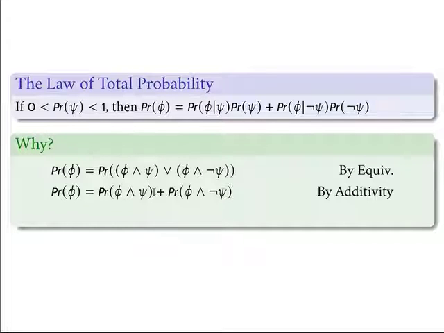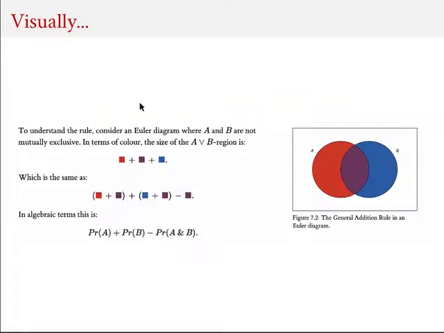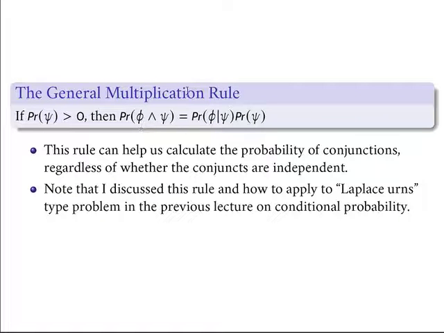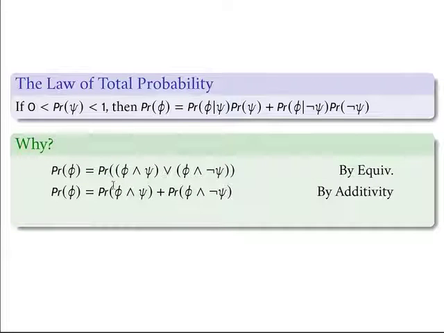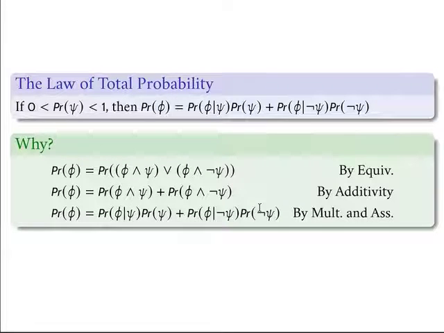So once we reach the second step here, we then apply the general multiplication rule to both of the probabilities of the conjunctions of interest, because we're not assuming here that phi and psi are independent. So we have to apply the general multiplication rule, which also requires an assumption here, but I won't go into detail about that. In any case, what we've done is to move from the second step to the third step, which is the final step.